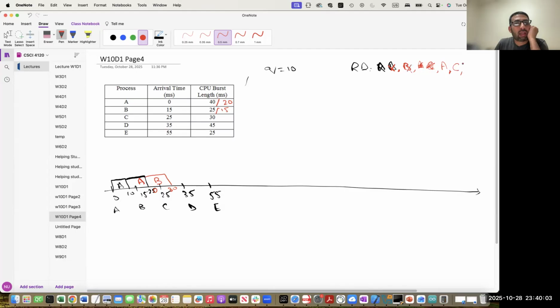and then at time 30 we put B back at the end of the queue. So we have ACB, right? Now at time 30 we pick the one at the head of the queue, which is A. We allow A to run for 10 time units, so it becomes 40, and its remaining time is now 10.